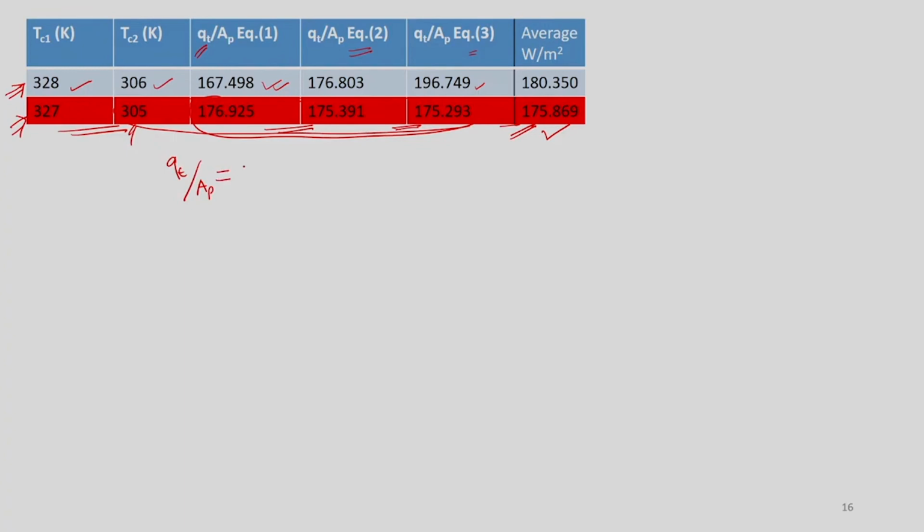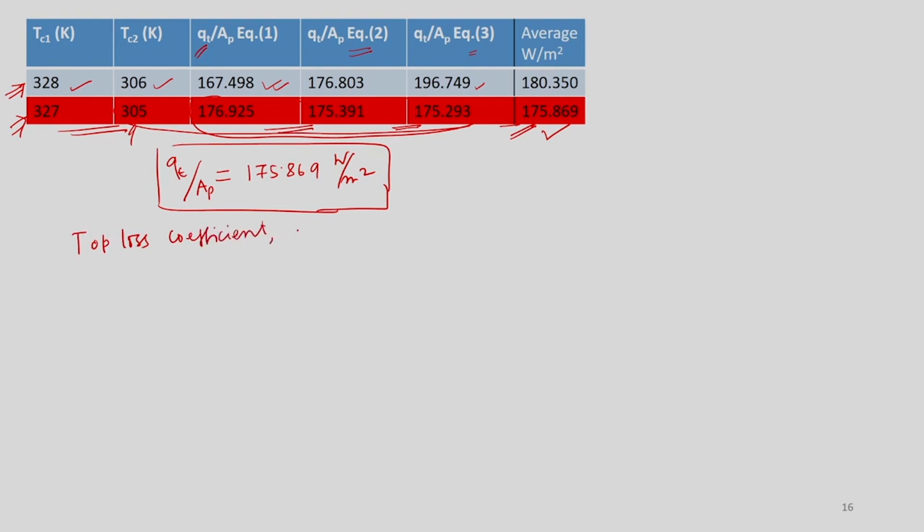Okay. So, this QT by AP will be 175.869. Okay. This will be in watt per meter square, right. So, what happens now? This is watt per meter square, we will calculate what is UT. Okay. So, top loss coefficient, that is UT, is nothing but QT by AP divided by TPM minus TA, right.